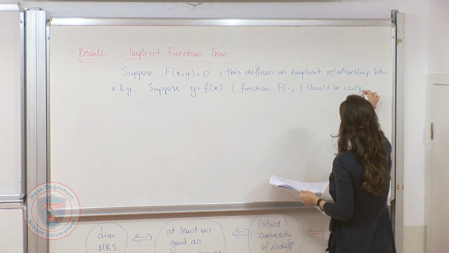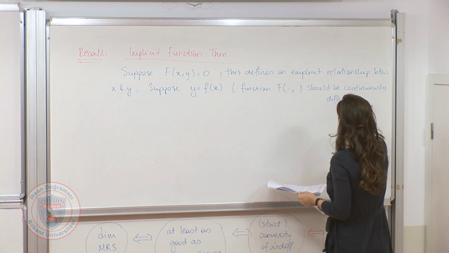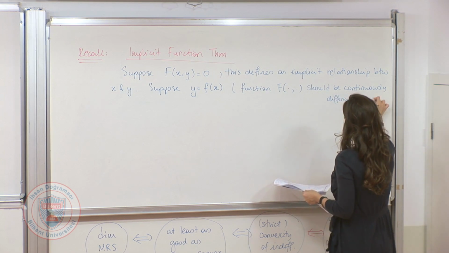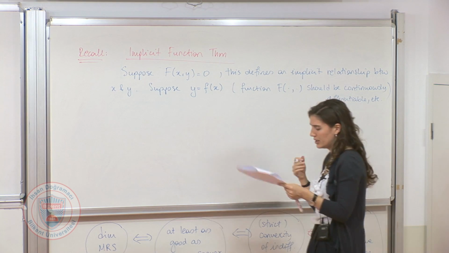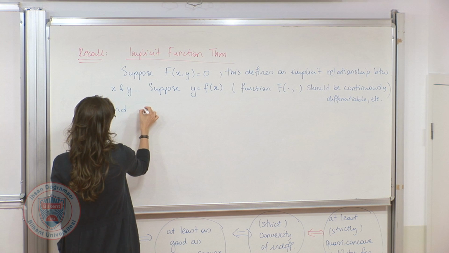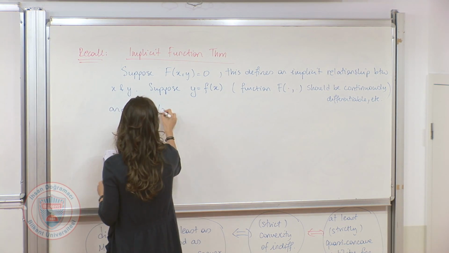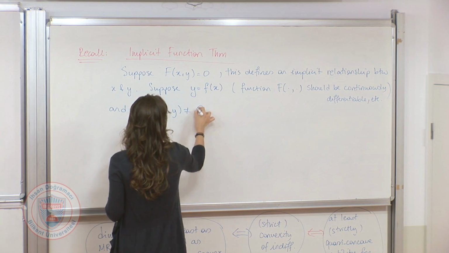So let's be proper. All the regularity conditions are satisfied. Suppose the partial derivative of f with respect to y is not equal to 0.